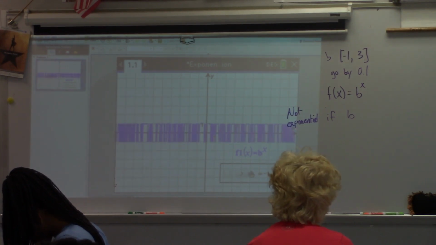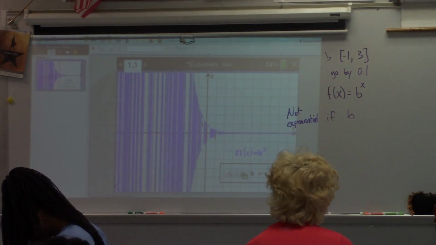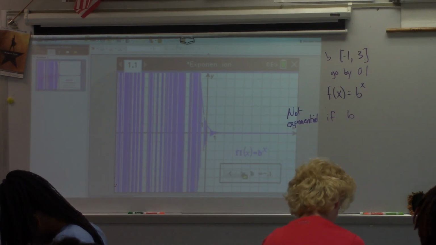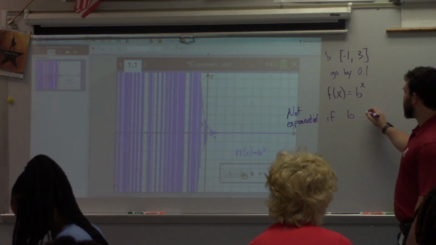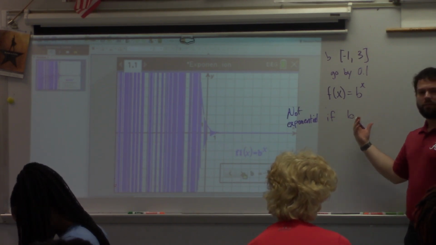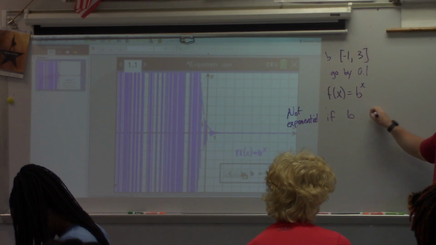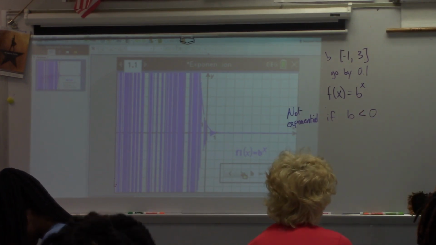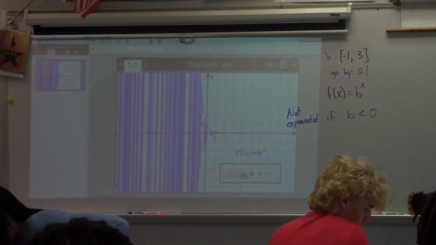No? At least through those, there's definitely not any. I'll go ahead and confirm you. That's a good pattern to notice. How could I mathematically write that it's negative? What in respect to 0? Yeah, b is less than 0. We don't have an exponential function.